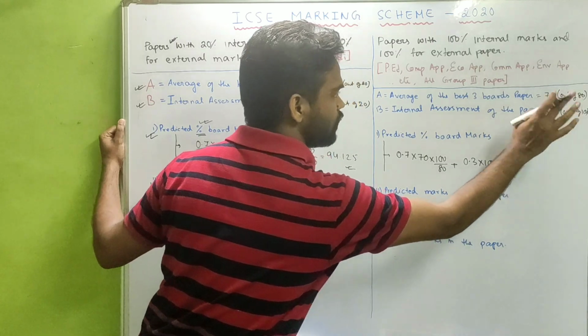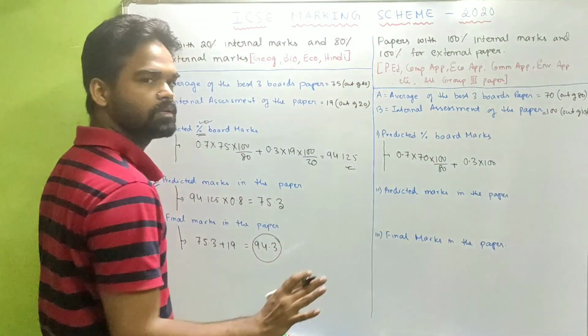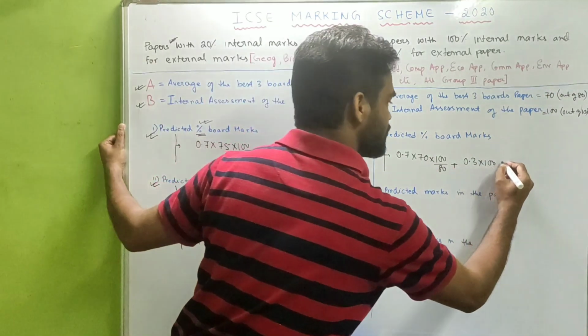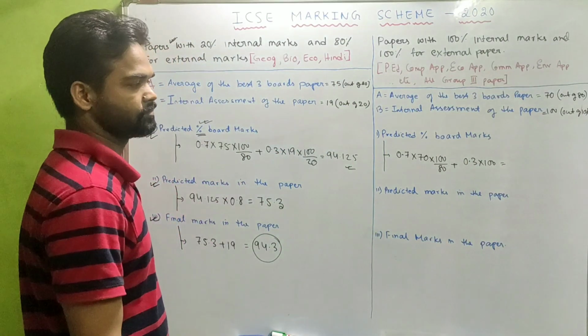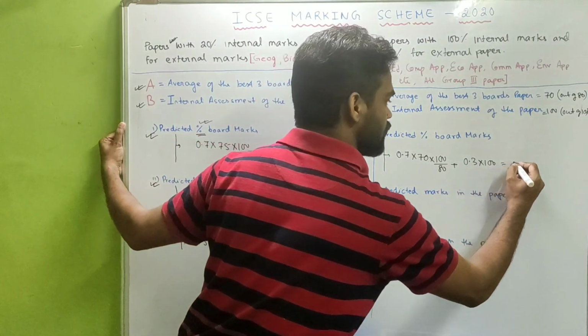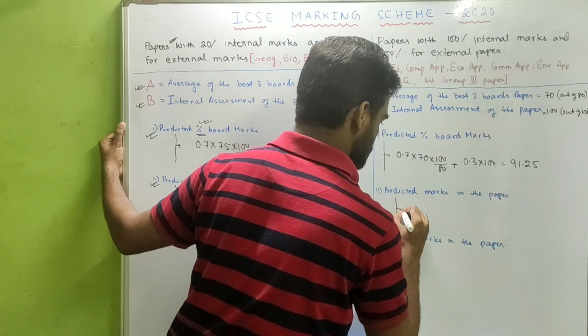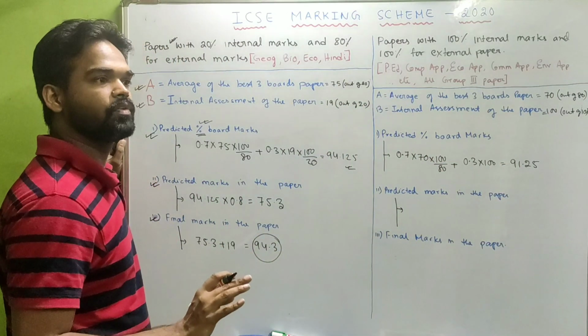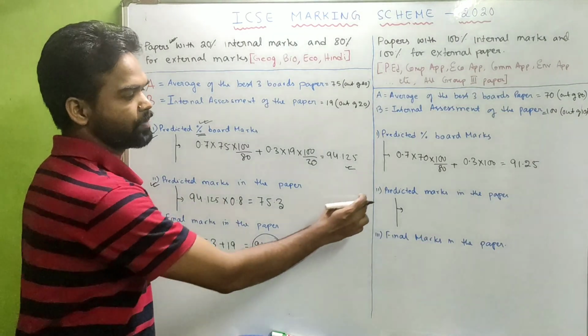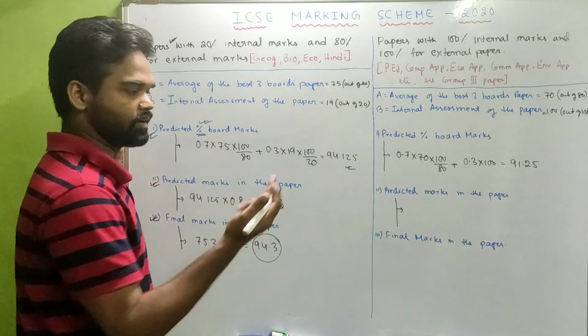And this is already in 100, so we don't need to multiply with anything. So first calculate this. Suppose this is 91.25. This is out of your 100, so your predicted marks in the paper, which is out of 100, will be this only.